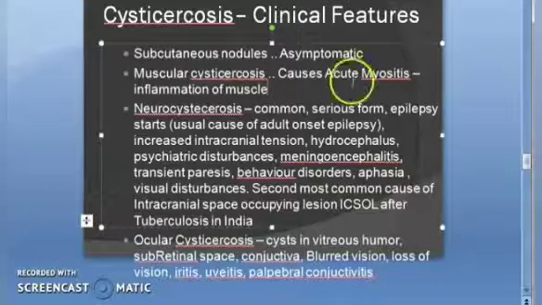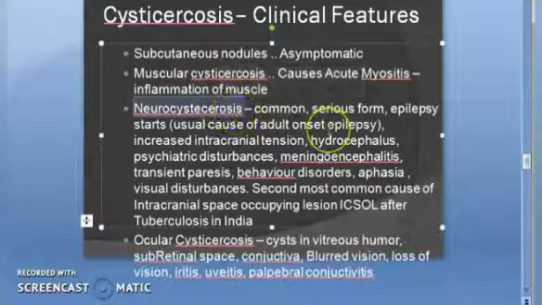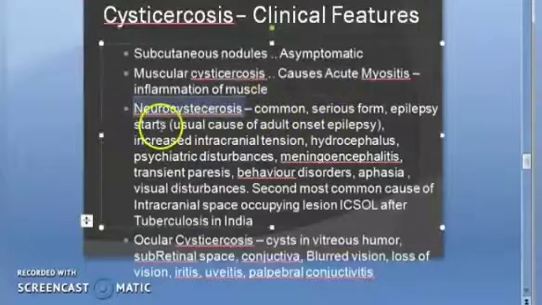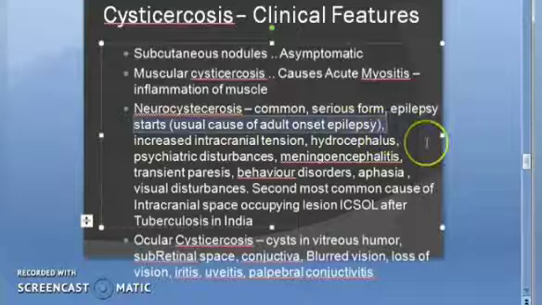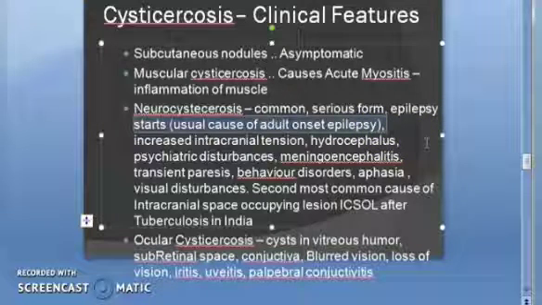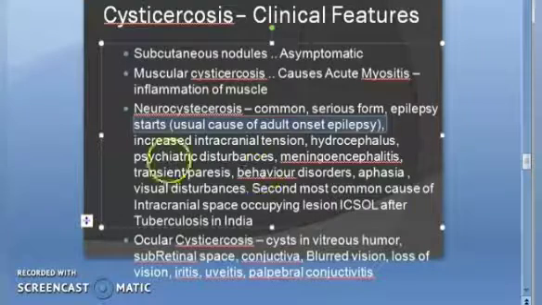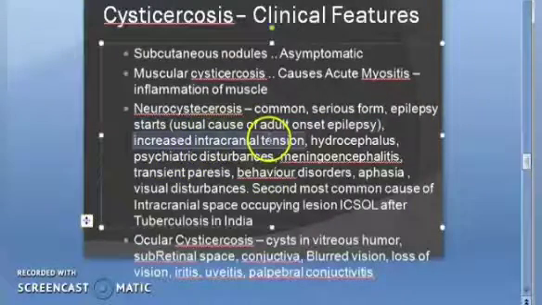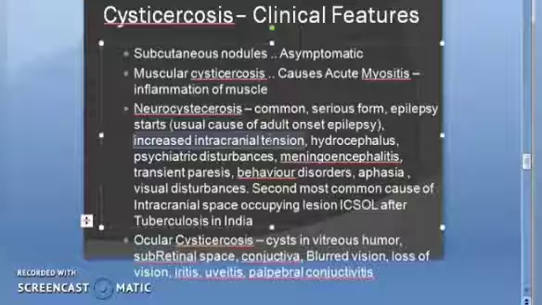Then neurocysticercosis, it affects the brain. Oh my God. It can cause epilepsy. Sometimes when somebody suddenly gets epilepsy and never had episodes before, it could be because of these larvae of Taenia solium. Remember. There will be increased intracranial tension. Obviously, the larva is in the brain, so increased intracranial tension will be there. What else?